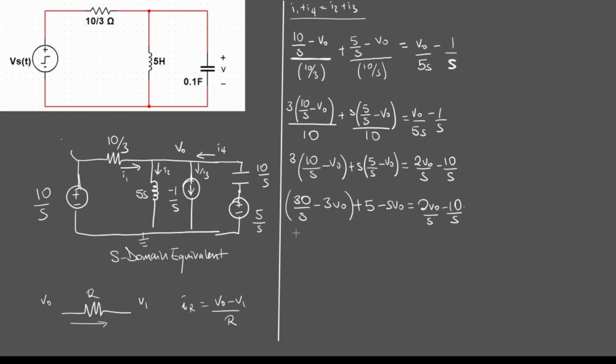So that's going to be 30 minus 3 S V naught all over S plus 5 minus S V naught is going to equal 2 V naught all over S minus 10.